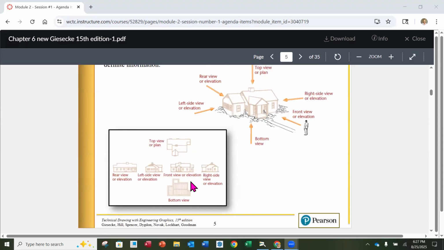So we would line up by the front view, the right side view. Notice that the top of the chimney is in line all the way across the right side view, the front view, the left view, and that rear view. And then if we look at the right side of the house, we're going to put in line all of these items.